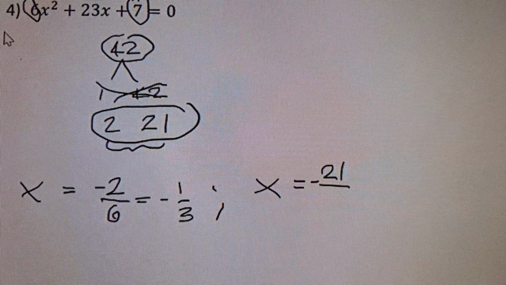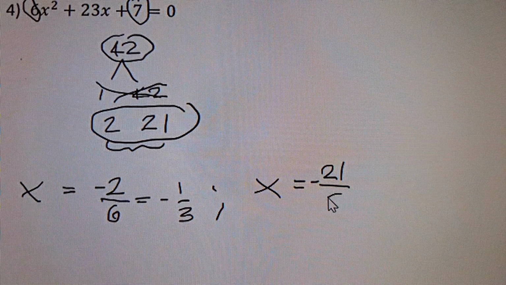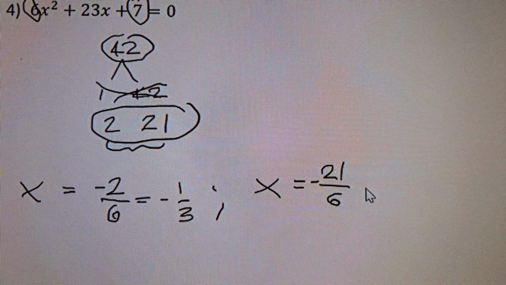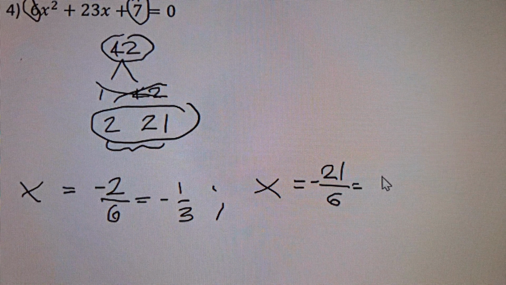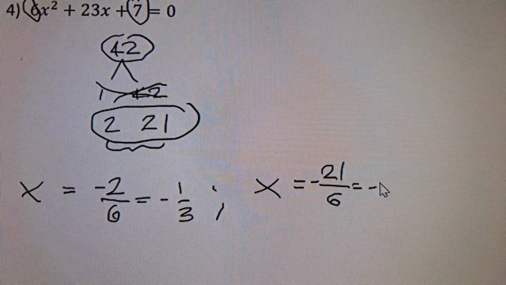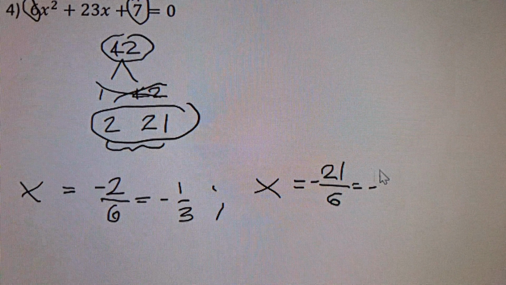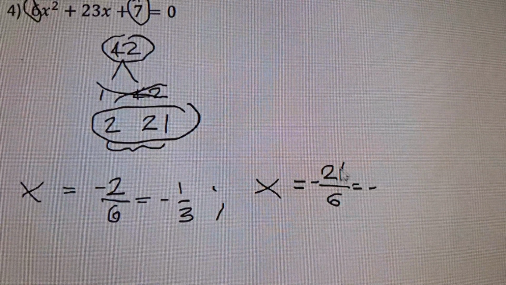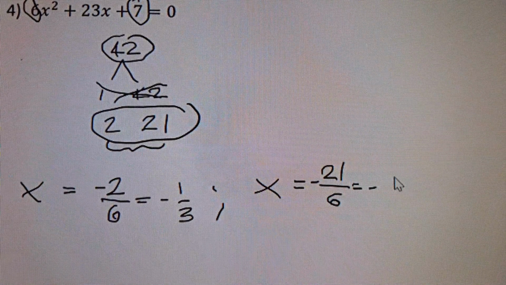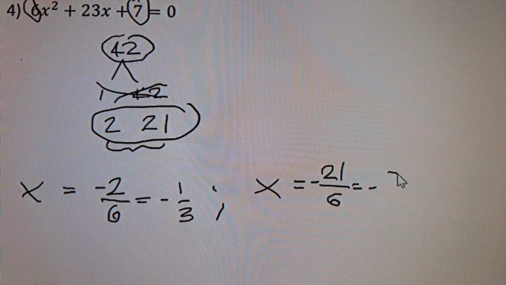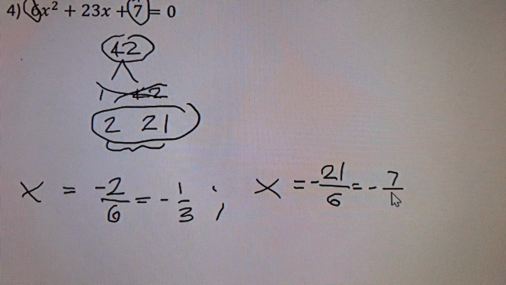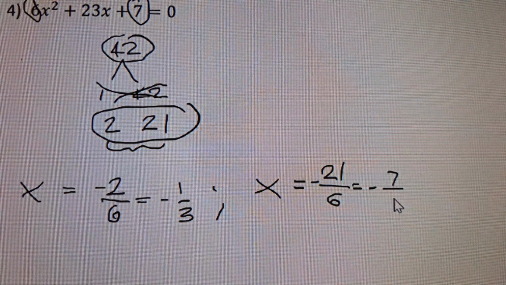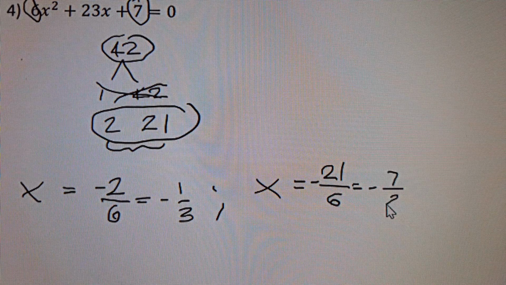And we divide by the leading coefficient, which is 6. Reducing the fraction, what's common to 21 and 6? How about 3? Well, 21 divided by 3 would be 7, and 6 divided by 3 would be 2.